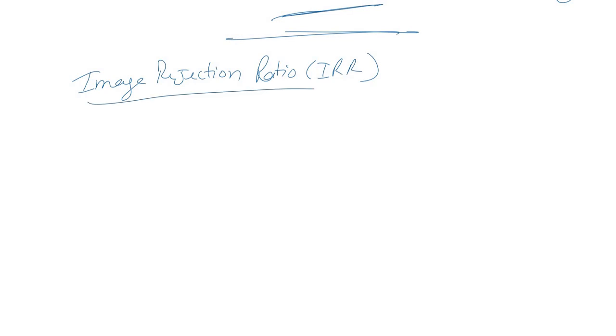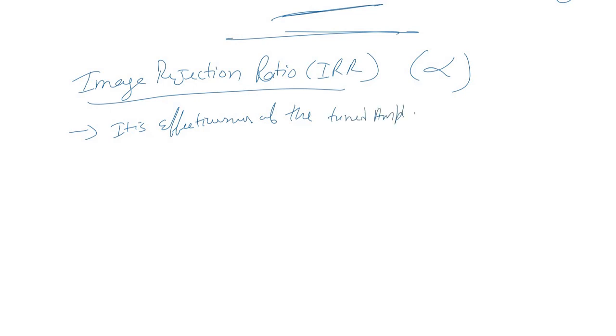Next we have a term that is image rejection ratio, IRR, and it is usually denoted by alpha. It specifies the effectiveness of the tuned amplifier in suppressing the image frequency.